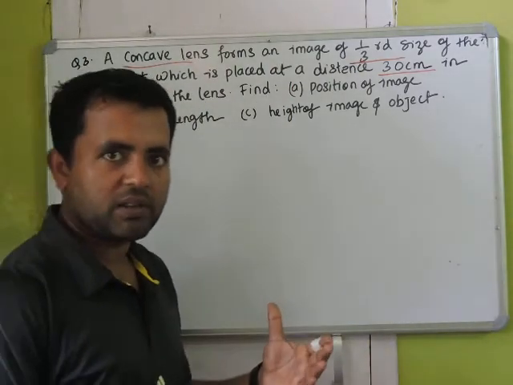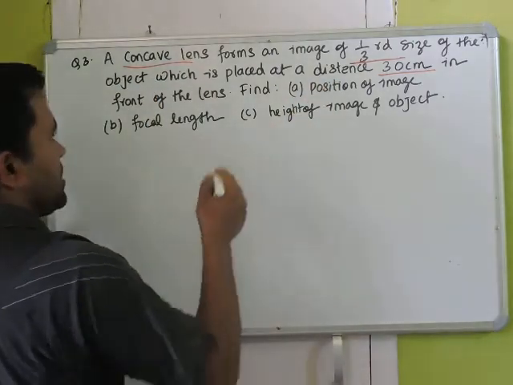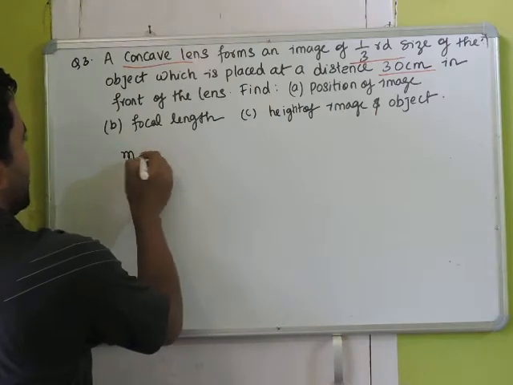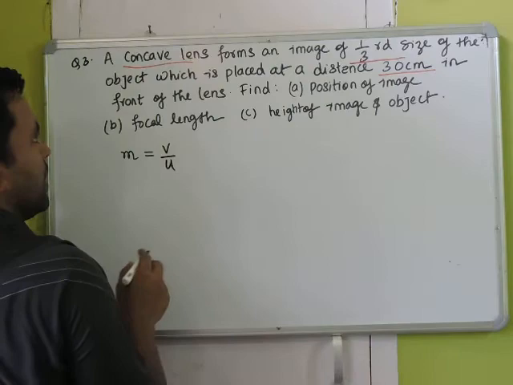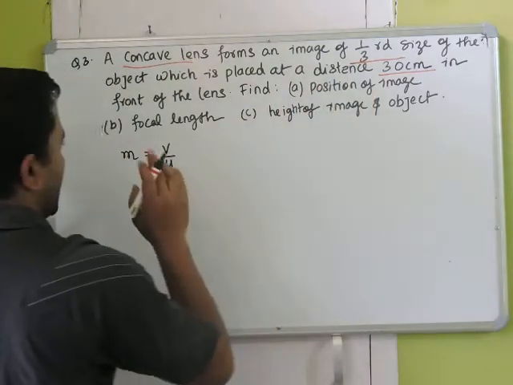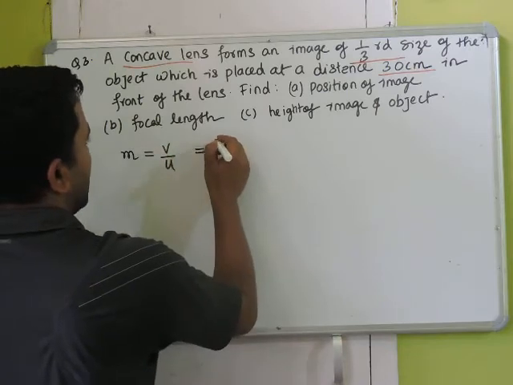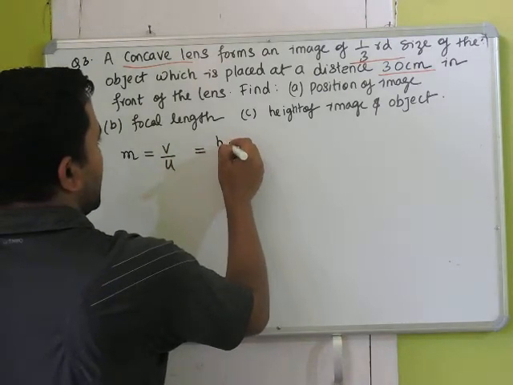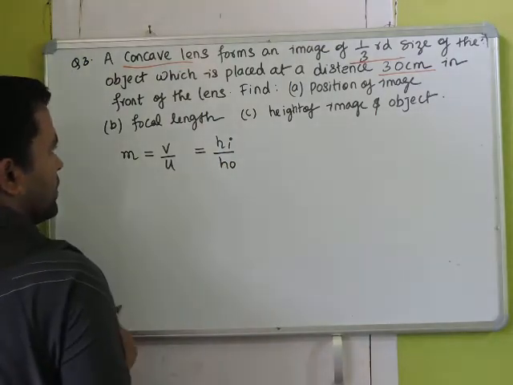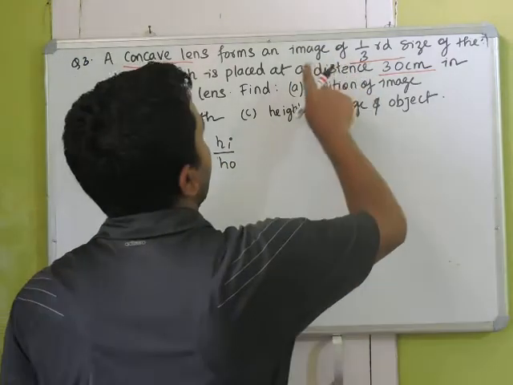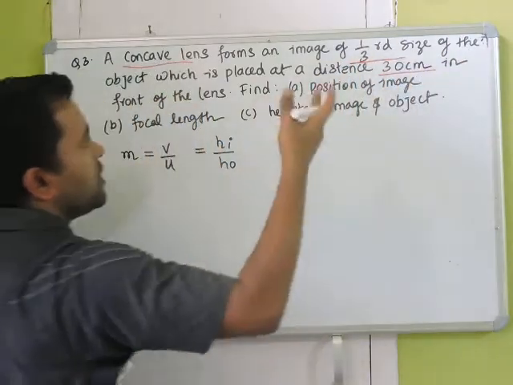than the object, right? Now what is given to us is magnification is known as v by u, and if you recall, magnification is also equal to the height of the image by the height of the object, right? Now the height of the image is 1/3 of the height of the object.